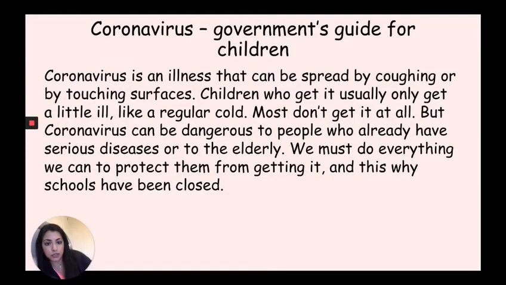Most children don't get it at all, but coronavirus can be dangerous to people who already have serious diseases or to the elderly. We must do everything we can to protect them from getting it, and this is why schools have been closed. So that's what the government have said to all children in schools.